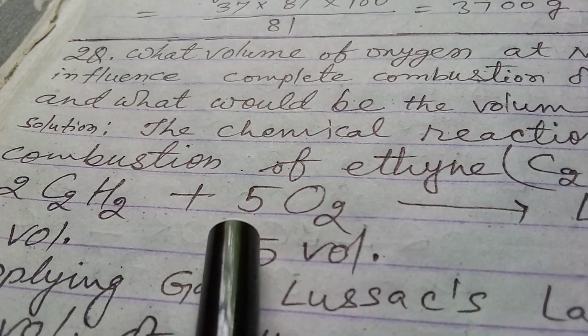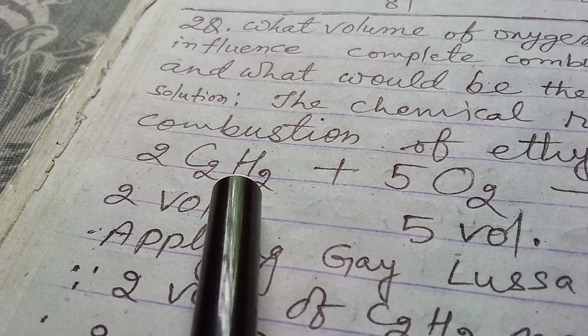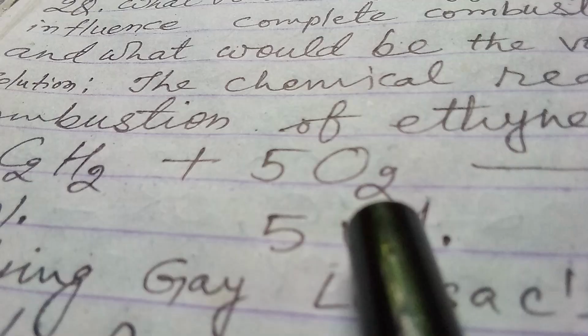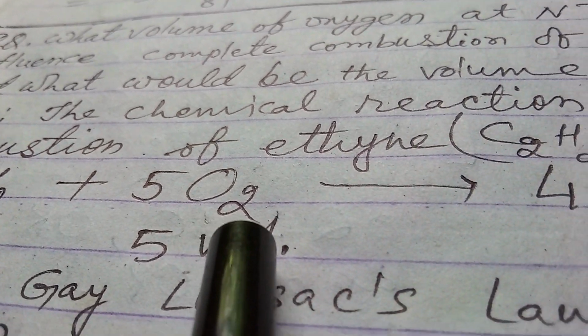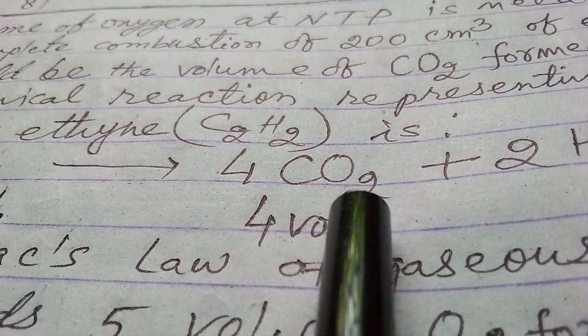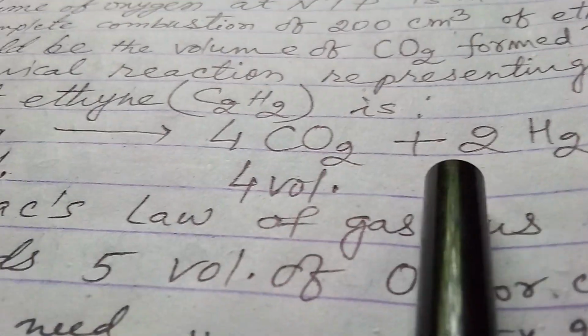Here you find that 2 volume of acetylene, that is C2H2, reacts with 5 volume of oxygen. Then we get 4 volume of carbon dioxide and 2 volume of water.